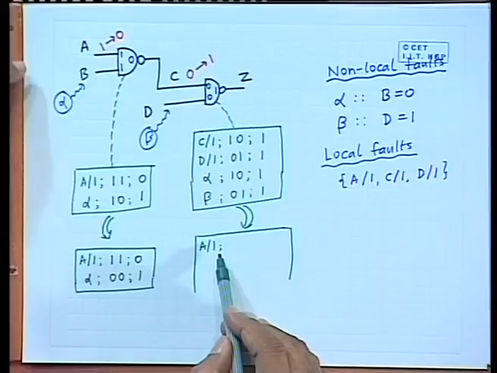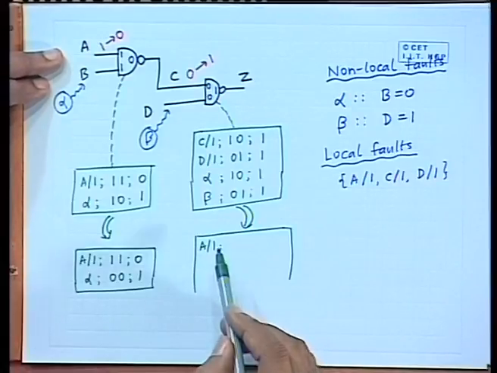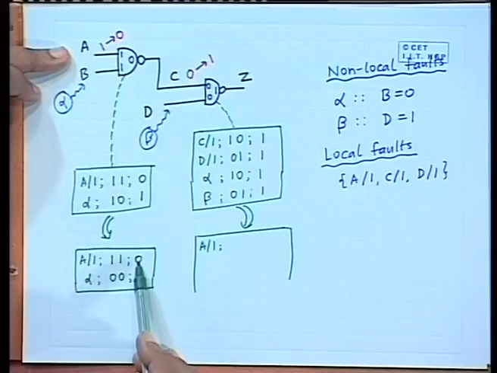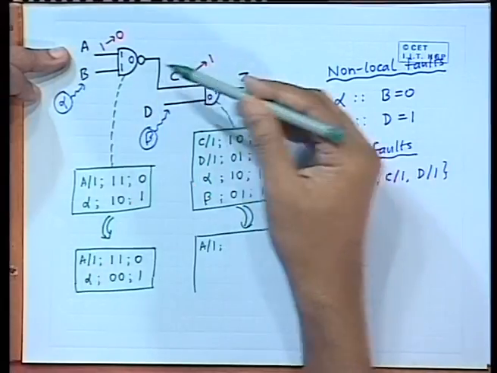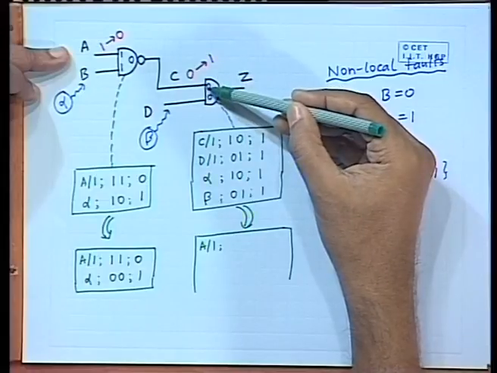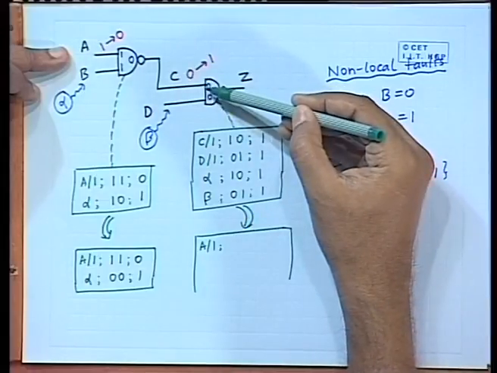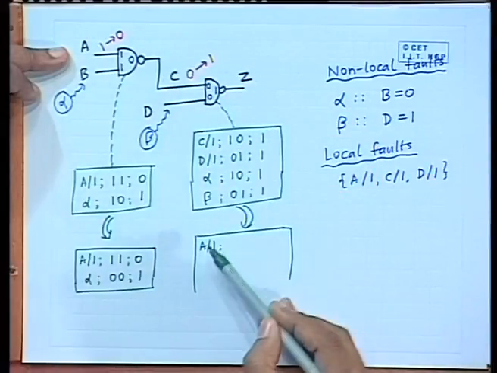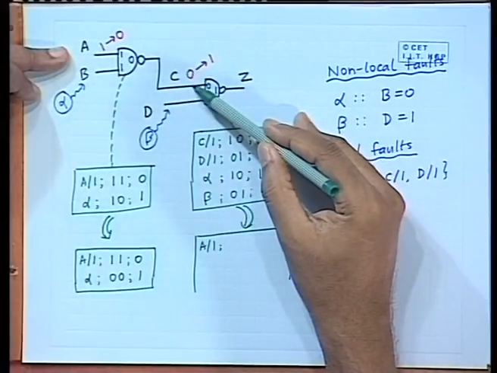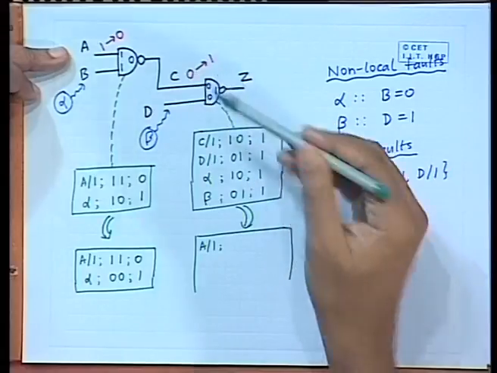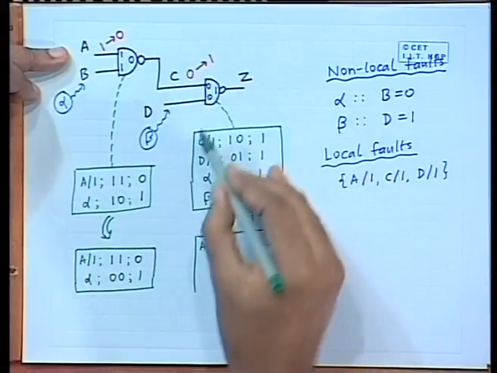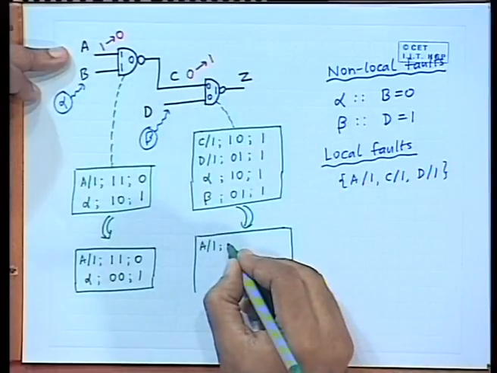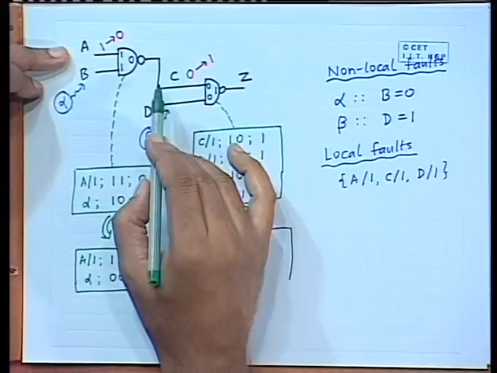Well, now A stuck at 1 will come because for A stuck at 1 fault, the output is supposed to be 0, which is different from the current applied logic value. So, this is a logic event. Okay? The value of the line in presence of this fault A stuck at 1 is different from the true logic value, which is now equal to 1. So, that is why A stuck at 1 fault will also appear in the fault list now. So, this will become 0, this will also be 0, because A stuck at 1 will make this line 0. Okay?